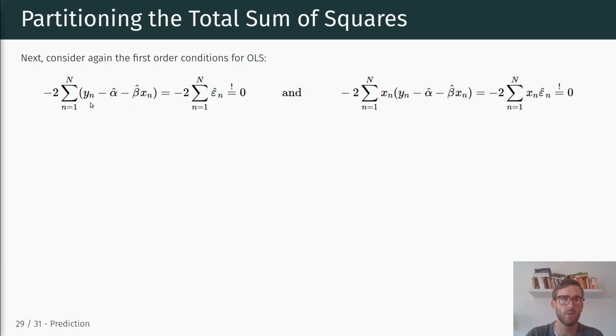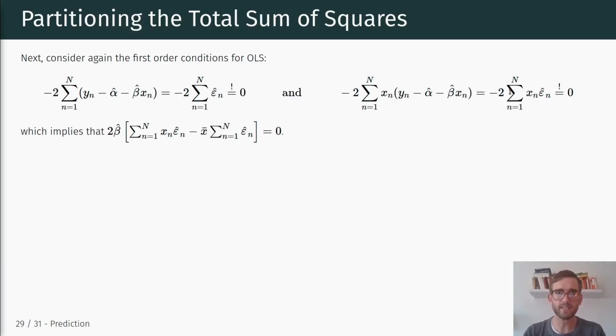And these yn minus alpha hat minus beta hat xn, that's of course our epsilon hat, and this part here is also our epsilon hat, right? So these are the first order conditions that we started with for OLS. The fact that these two hold in the OLS case for alpha and for beta to get our OLS estimates, this was based on minimizing the sum of squared residuals, taking the first derivative, setting it equal to 0.